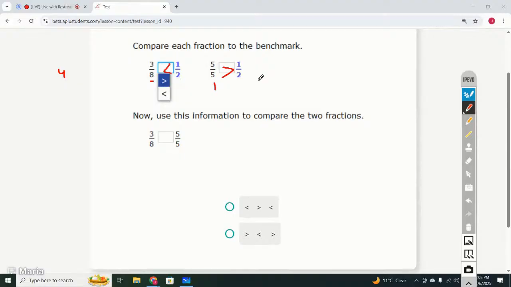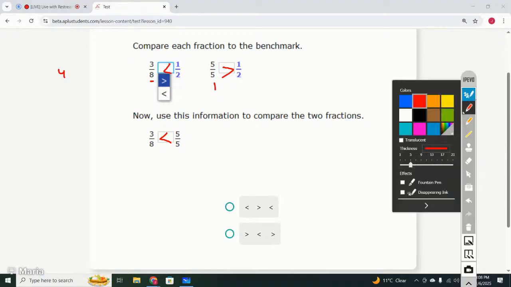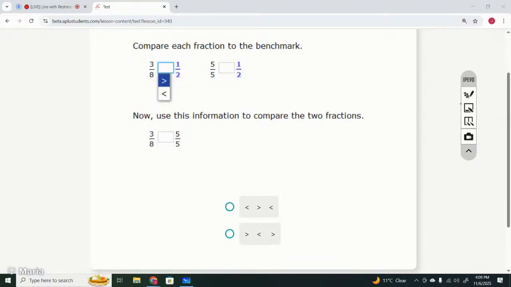So 3 by 8 is less than 5 by 5. Option number 1 is the correct option.